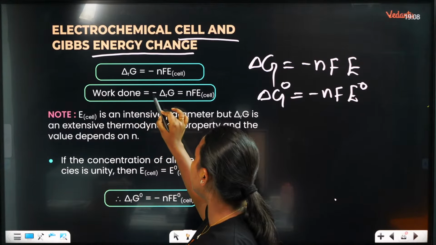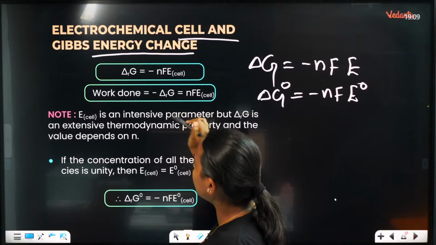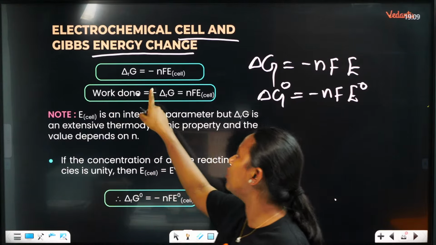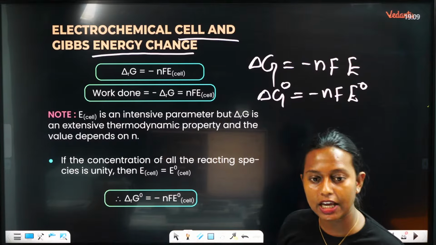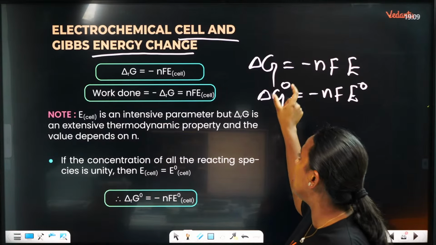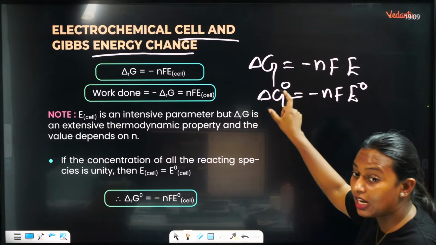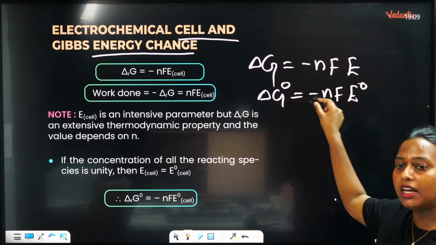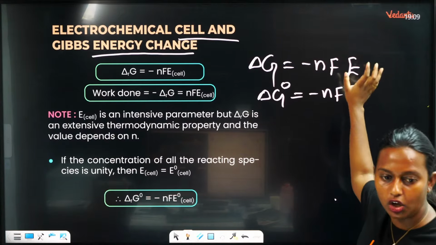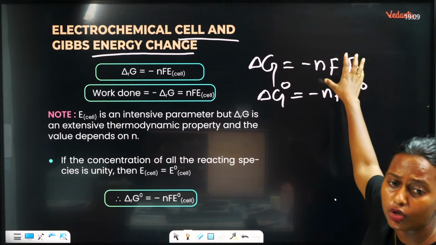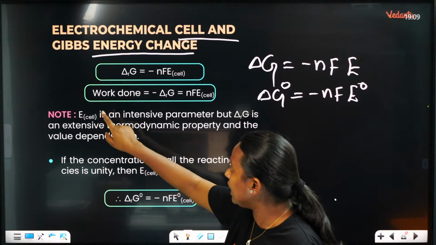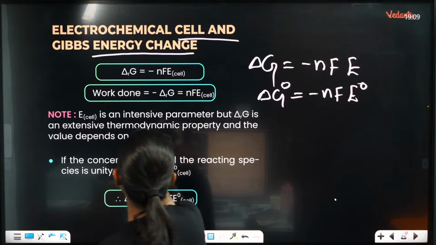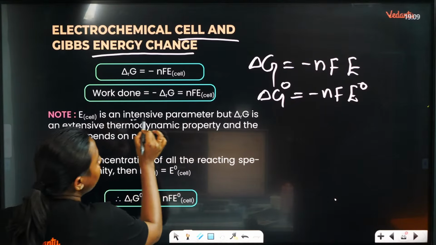Work done is equal to minus G, which is equal to nFE. When you consider standard Gibbs free energy, it is minus nFE naught, and E naught comes there. Clear?